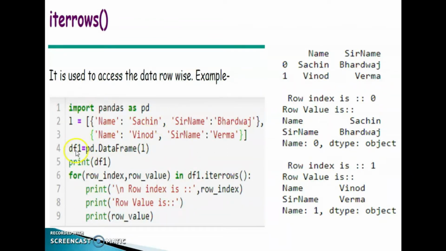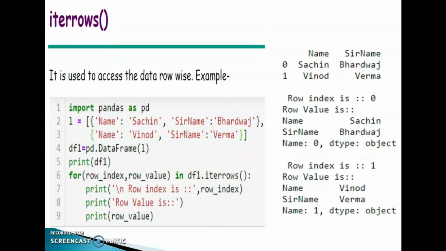Then the next statement, df1 is equal to pd dot DataFrame L. We pass this list to the data frame. Print df1. df1 is a data frame. After printing df1, we can see name and surname as columns and 0 and 1 as rows. The values we can also identify from this. Okay, clear?